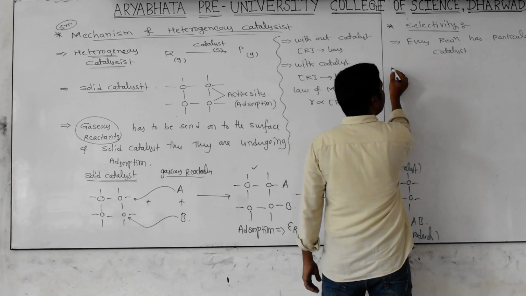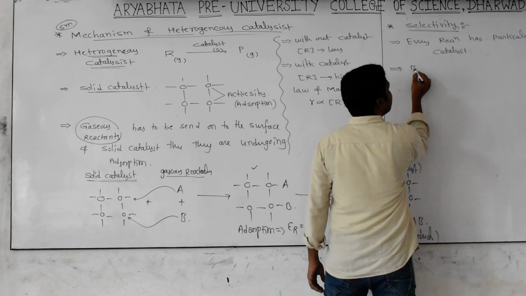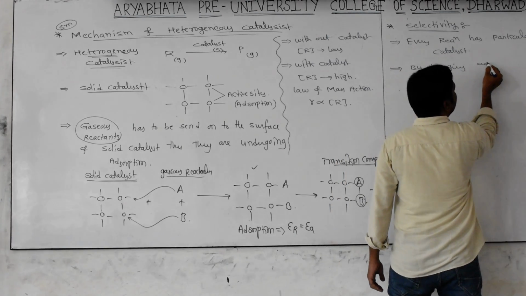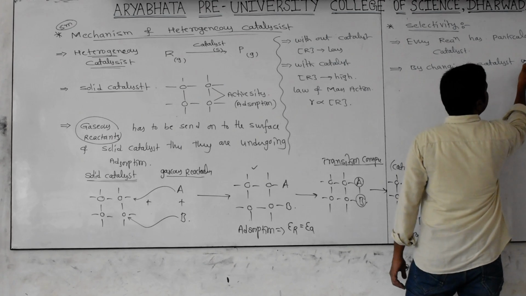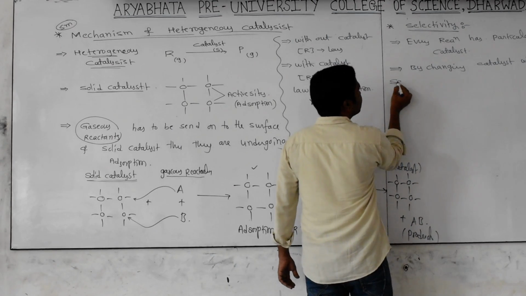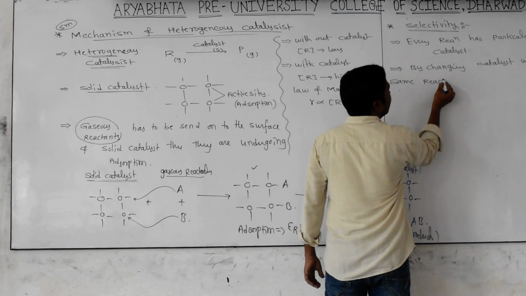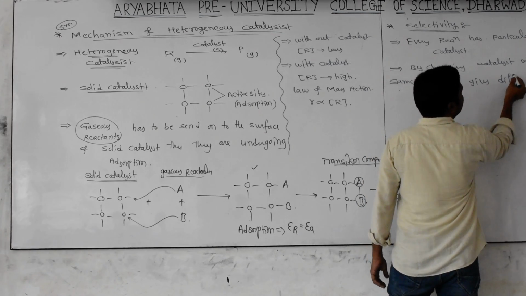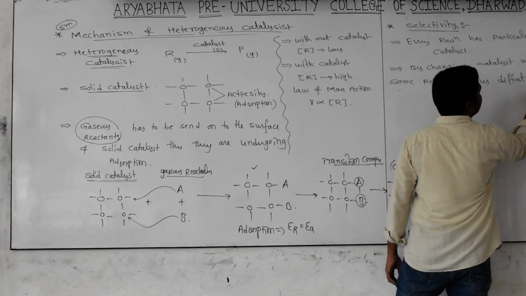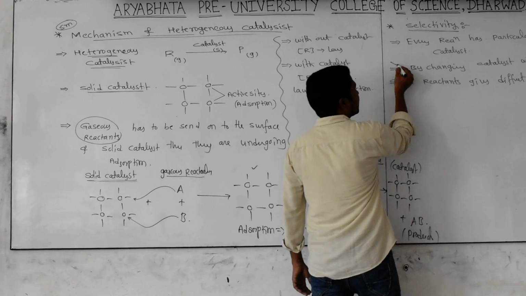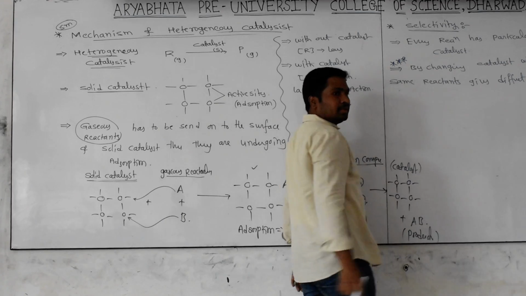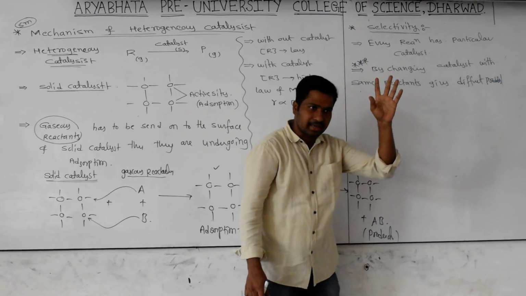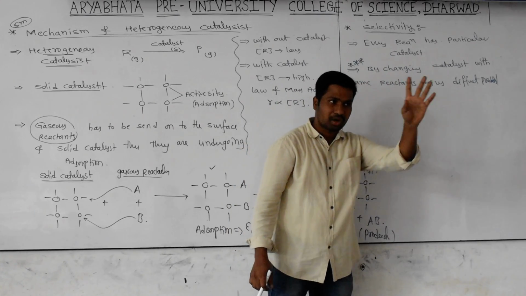And one more thing, in some of the reactions, very nice point, by changing the catalyst with the same reactants, it gives different products. Again, this was asked in this year's JEE Mains examination. If you want to proceed with a particular reaction, you have to use a particular chemical as its catalyst. Full clarity. If you want to do Haber's, you have to use iron as a catalyst.